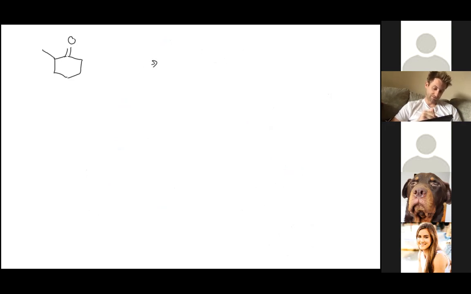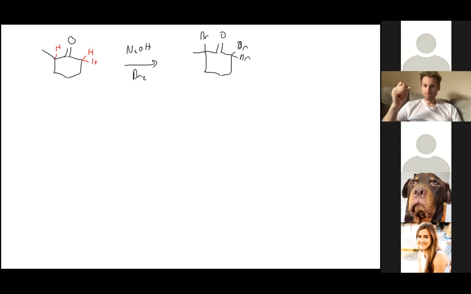Adding NaOH, Br2, it's going to pull off every proton it can and brominate it. So for this here, we'd end up tribrominating.